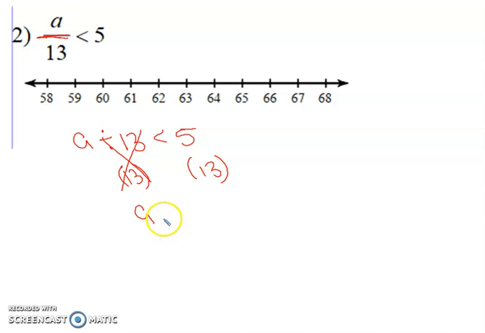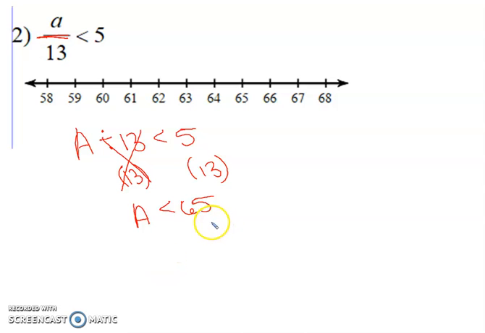is less than, what number? Everybody should be doing it on their calculator. I don't like that A. We're going to make this a capital A. A is less than 65.